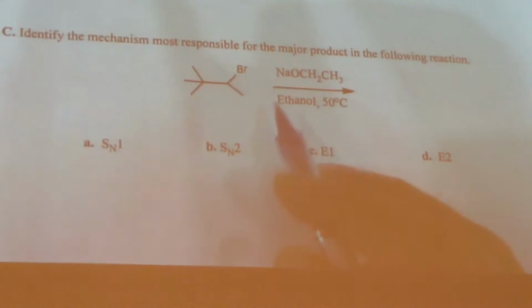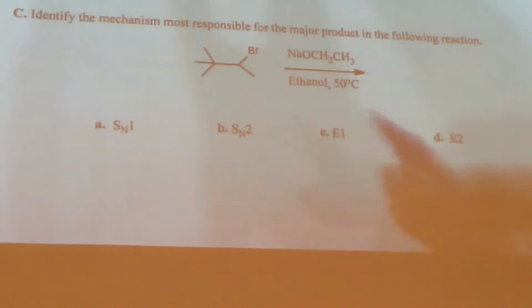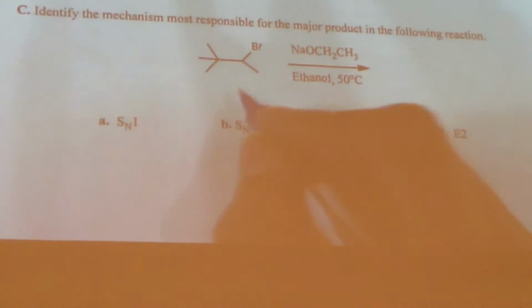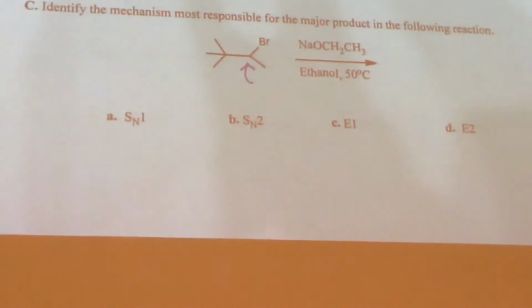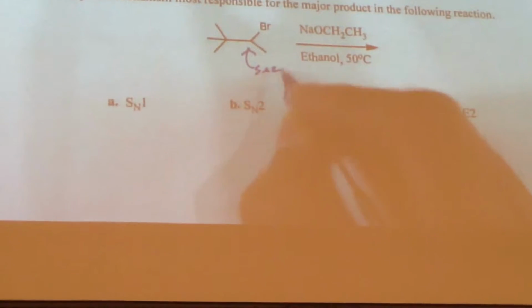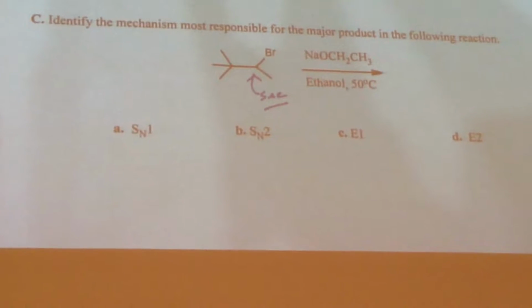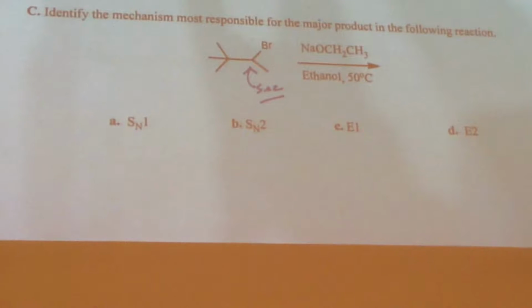Identify the mechanism most responsible for the major product in this reaction. In any of these types of problems, you look at the substrate, again this particular carbon, which in this case is secondary, and then look at the nucleophile or solvent or the base.